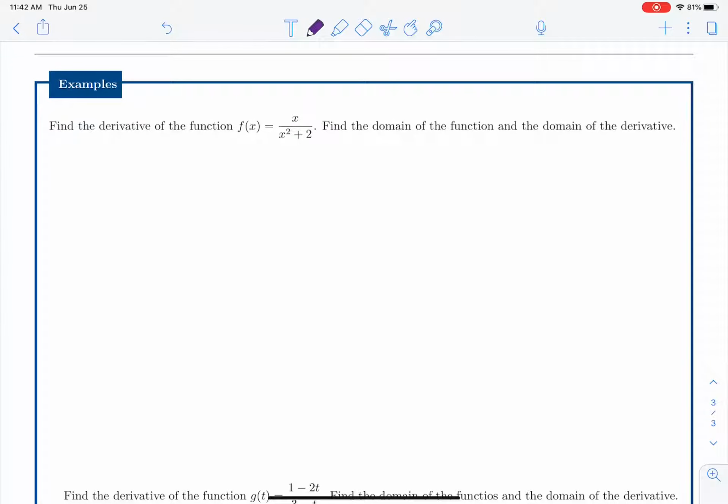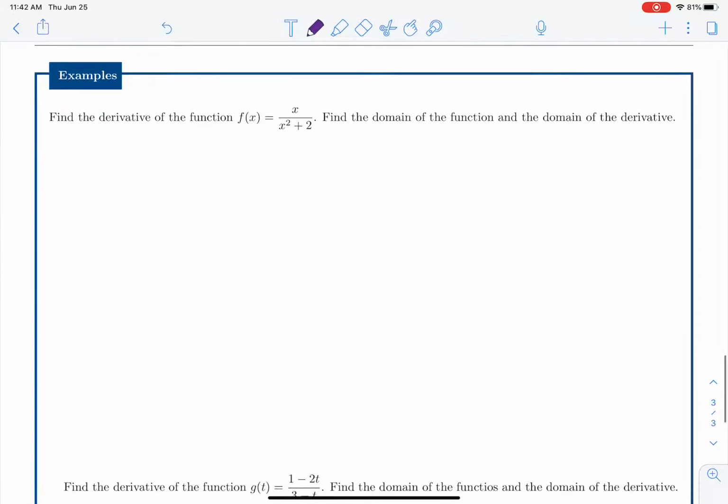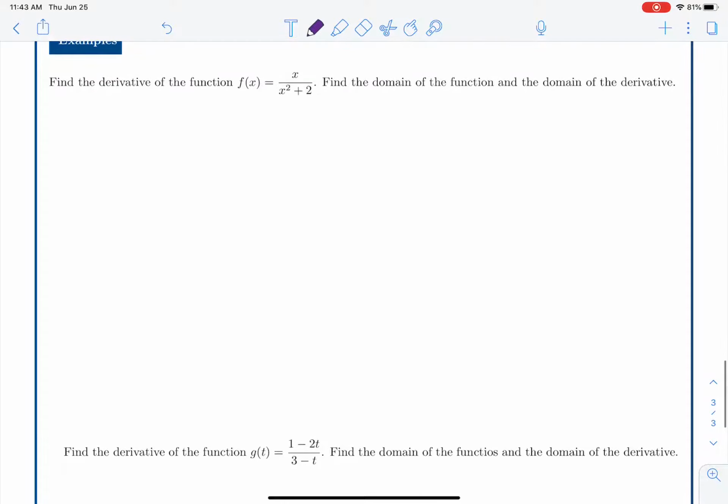So here is another function, and we want to find the derivative of this function. So the domain here is negative infinity to positive infinity.